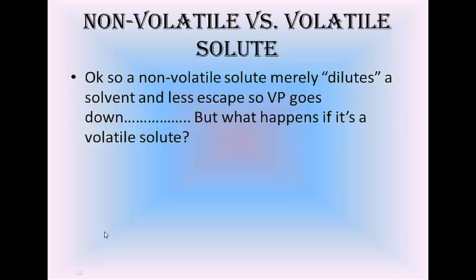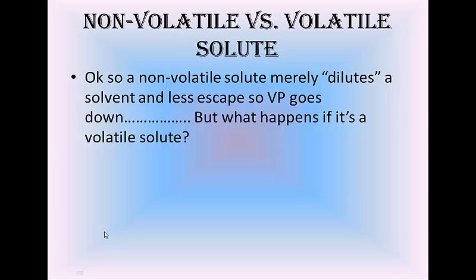So a non-volatile solute, solids, molecular solids and ionic solids, merely dilutes a solvent and inhibits solvent particles from escaping, because again, in a solution of a non-volatile solute and solvent, the solute does not evaporate, just the solvent.